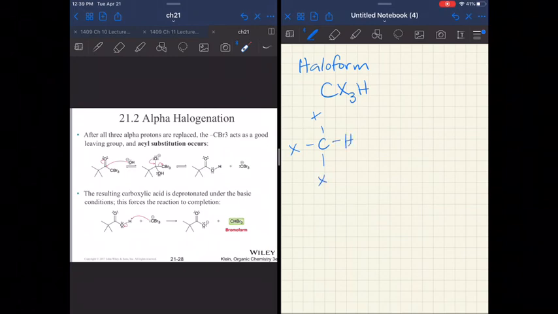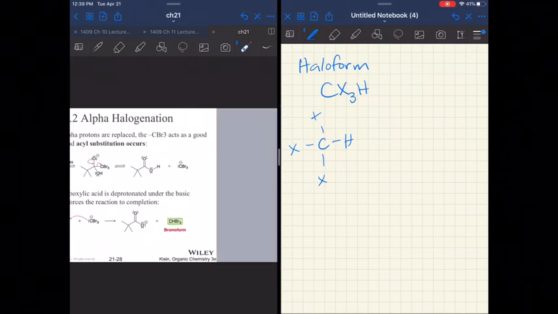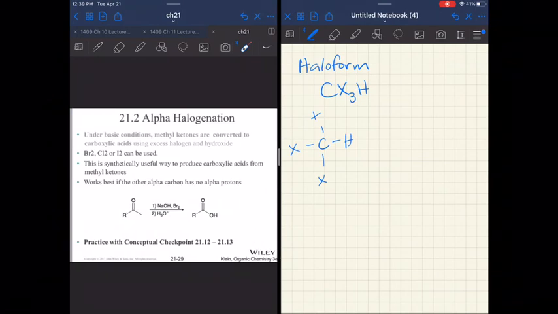So it's a carbon with 3 X's and a hydrogen. So chloroform is the chlorine derivative of this. Bromoform is the CHBr3, right? So it falls off and you make your carboxylic acid and you produce some bromoform or chloroform or iodoform, and this can test for methyl ketones, right? If you produce this bromoform.